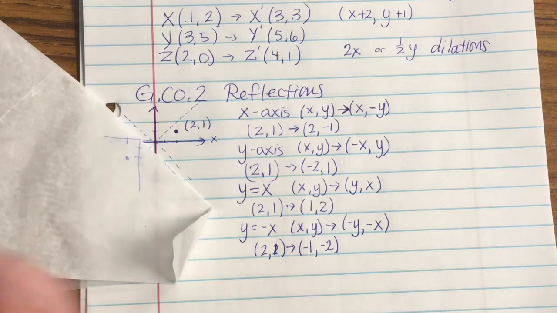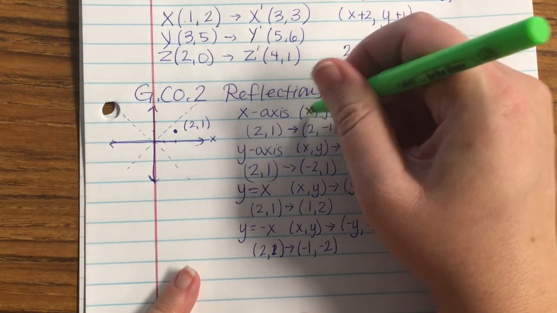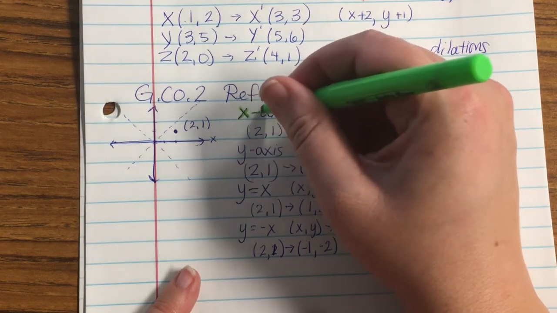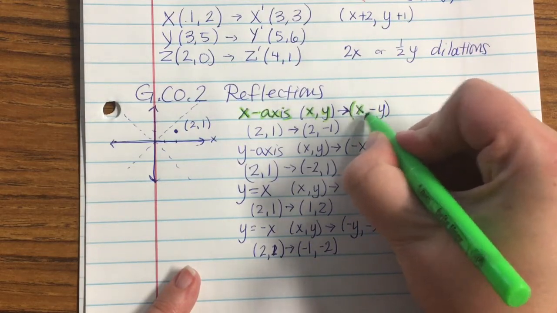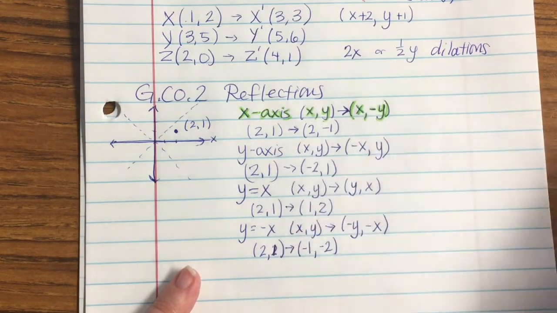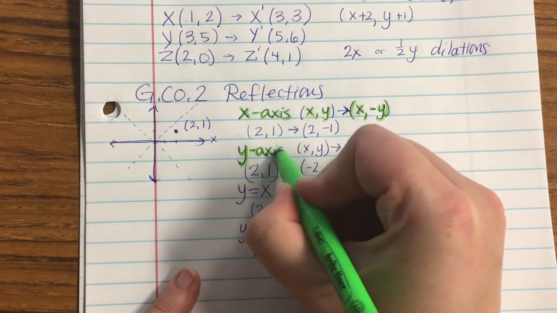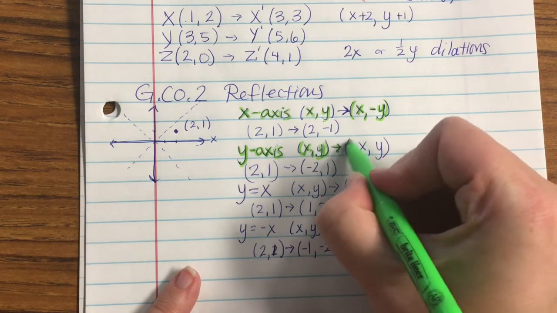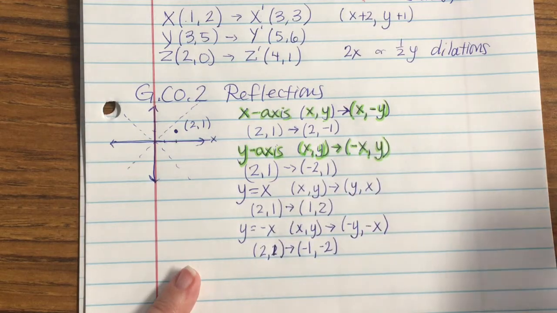Let's go over the rules we came up with. If we reflected x, y across the x-axis, the x stays the same and the y becomes the opposite of whatever it was. If it's across the y-axis, x, y goes to the opposite of the x, and the y stays the same.